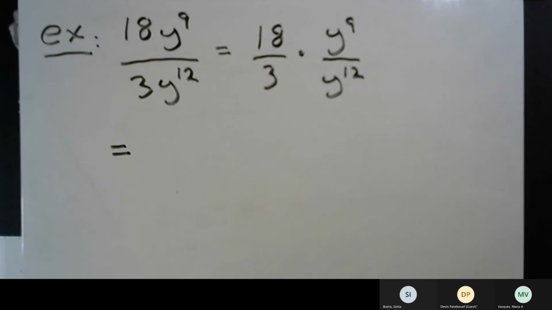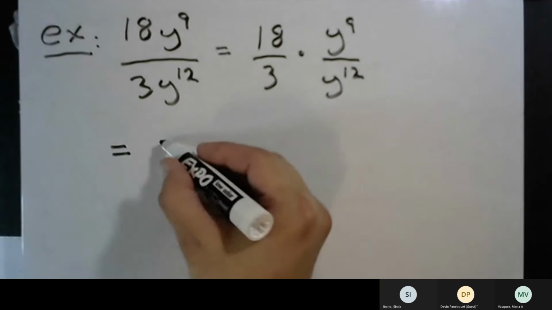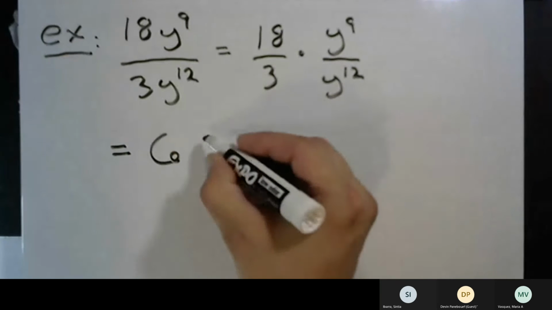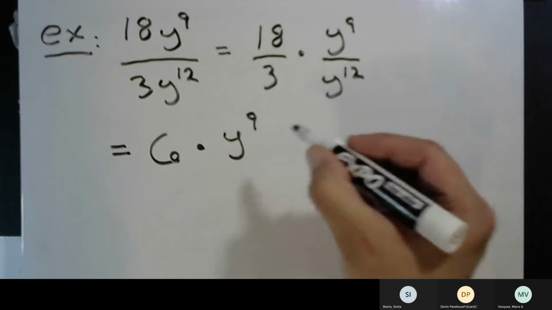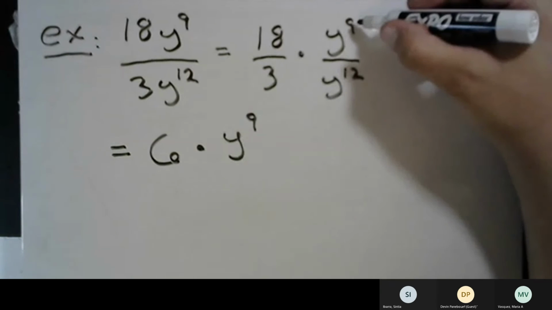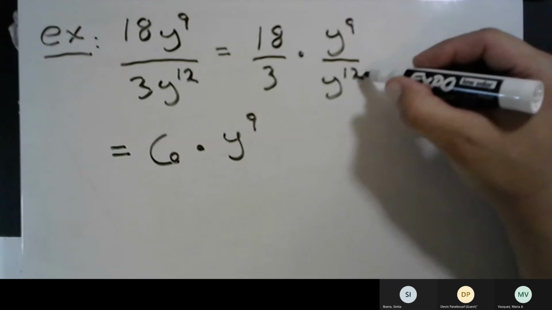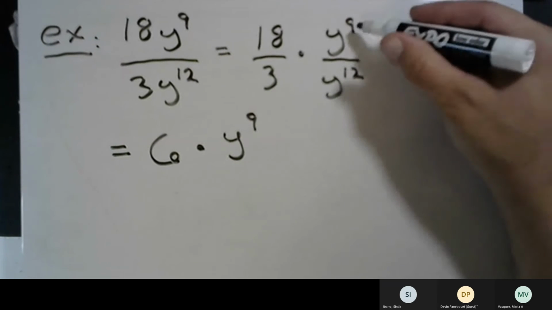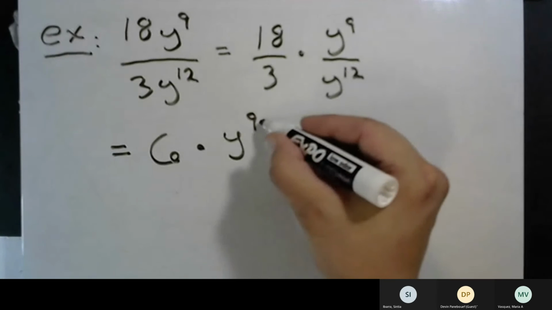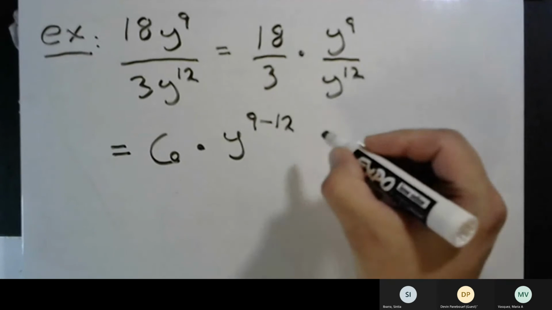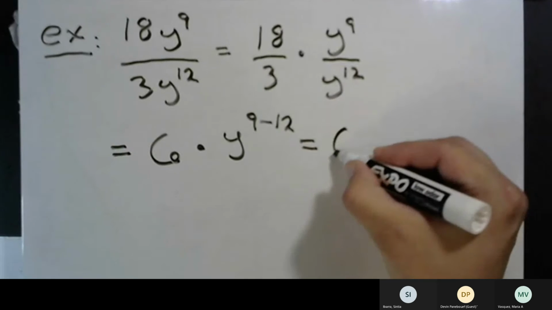Now 18 divided by 3, or 18 thirds, reduces to 6. This is y, and with the quotient rule, it's always your top exponent minus the bottom, regardless of what these numbers happen to be. So you get something like this.